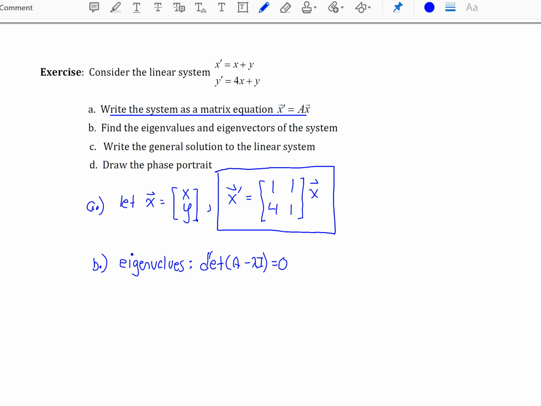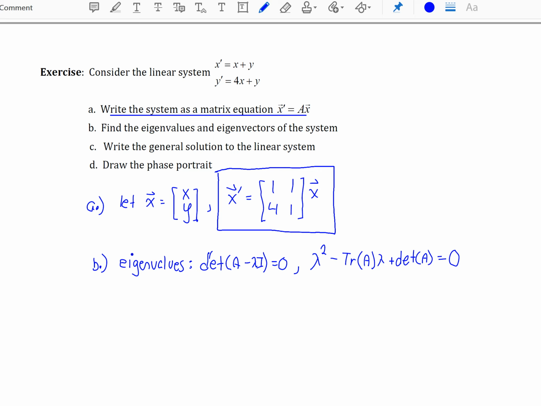There's an alternative approach to finding our eigenvalues as well that's presented in one of the homework questions in chapter 5.3, where they give us the equation lambda squared minus the trace of A times lambda plus the determinant of A. This shortcut equation only applies for 2 by 2 matrices.